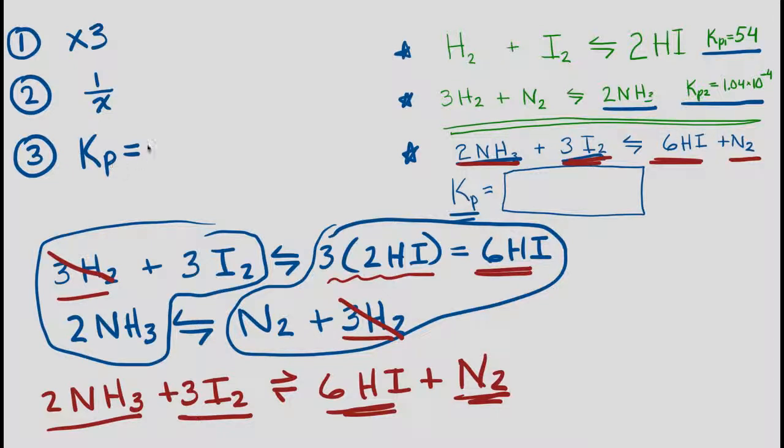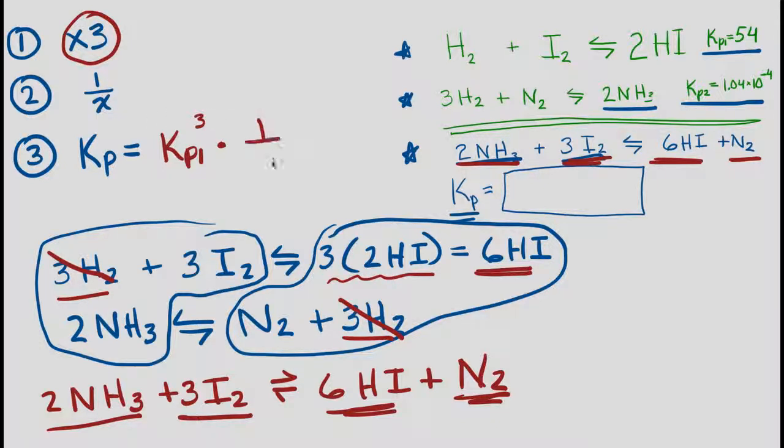Now Kp for 3 is Kp of the first one to the third power, cubed. You're going to multiply that by whatever change we made to the other one.